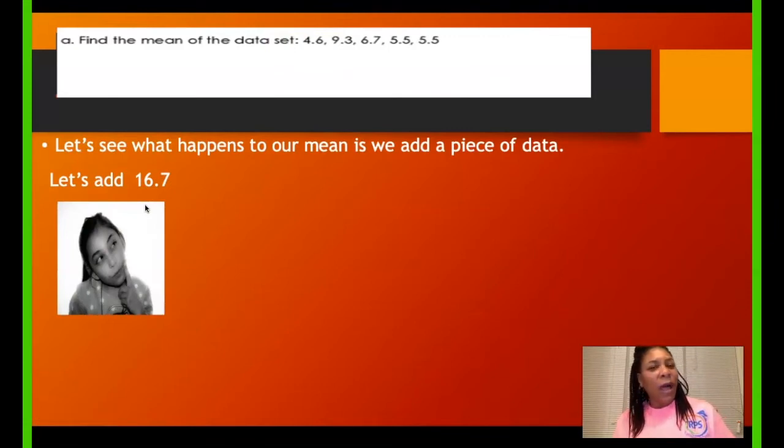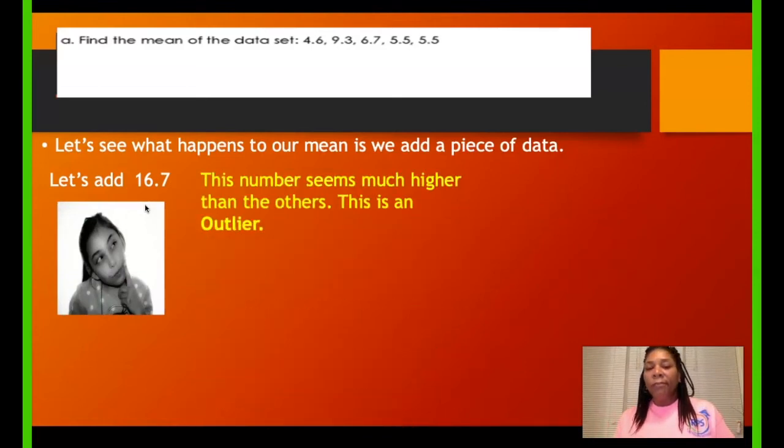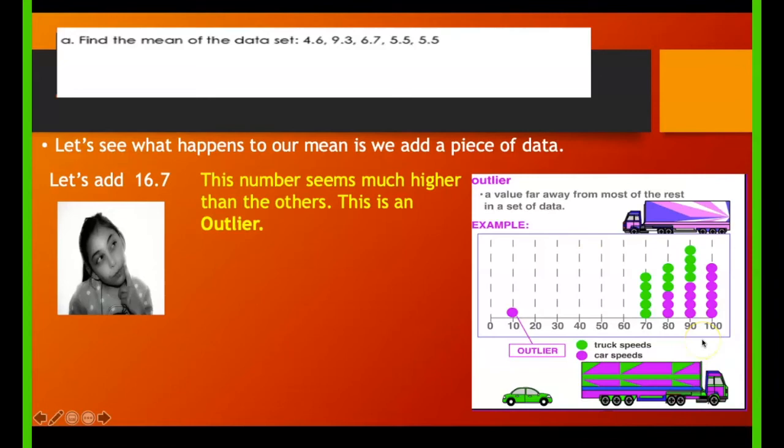Seems a little high based on the data that we already have compiled. It does. I absolutely agree with you. So this is an outlier. An outlier is a value that seems far away from the rest of the data. It's really high or really low. It just seems like it's out of the way. So that's what an outlier is.